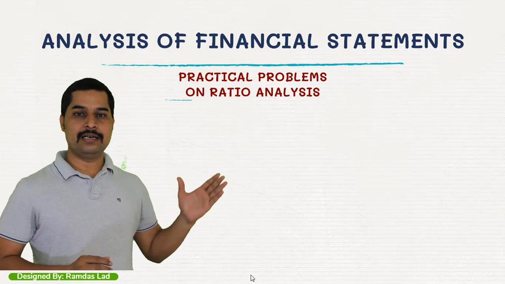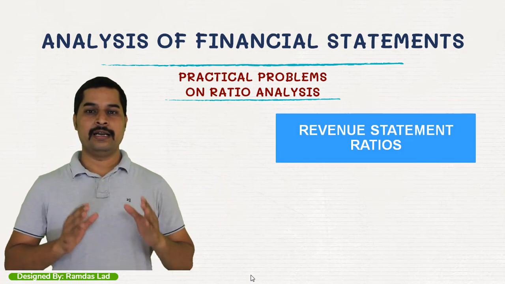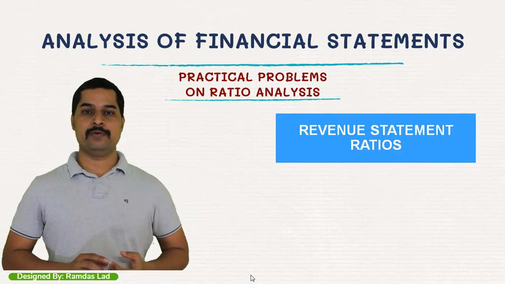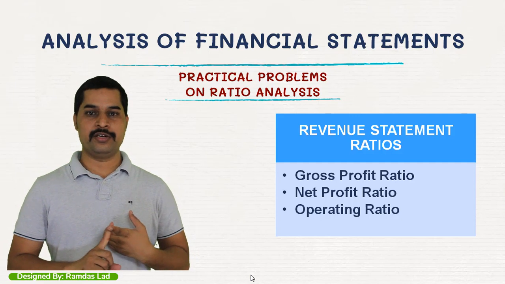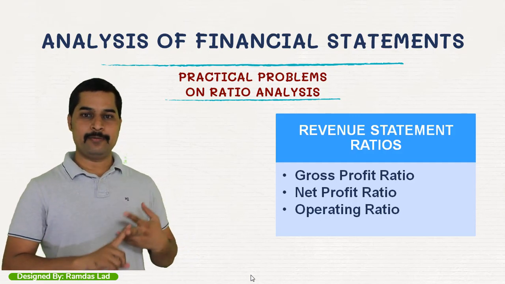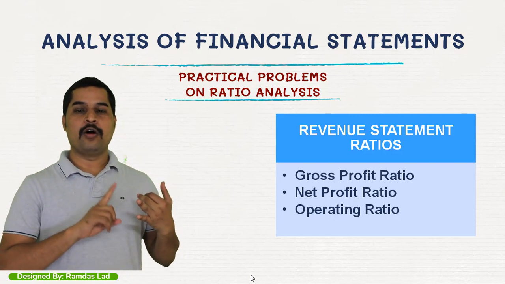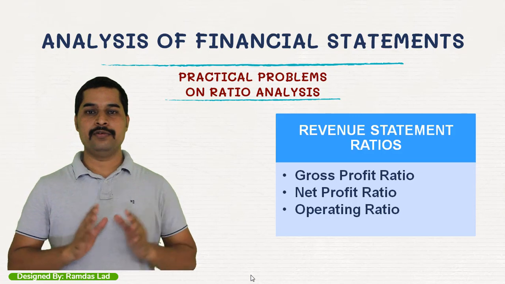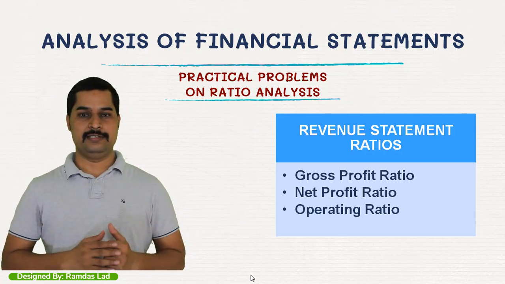Now the second type is the revenue statement ratio. In revenue statement ratio there are again three types of ratios. The first one is gross profit ratio, which is also called the GP ratio. The second one is net profit ratio, and the third one is operating ratio. These revenue ratios are expressed in percentage.